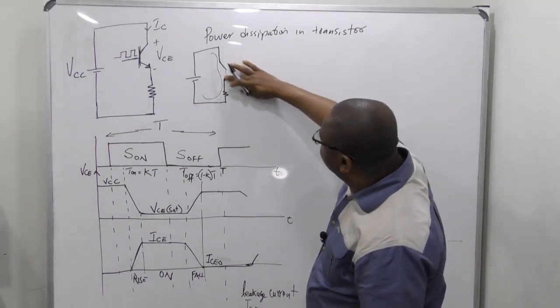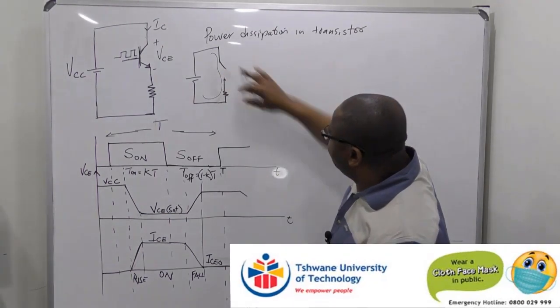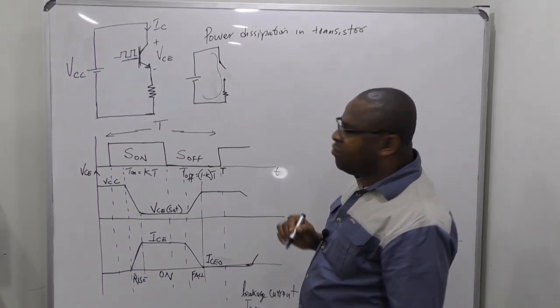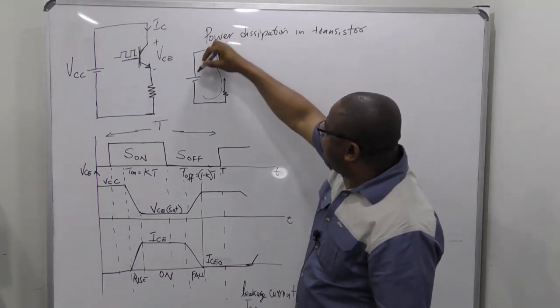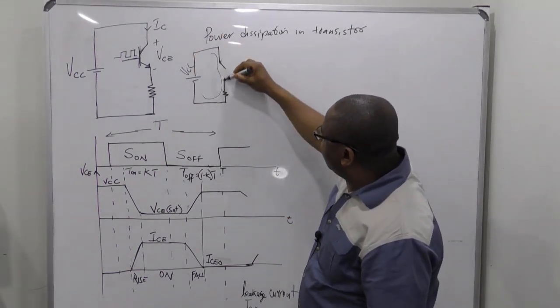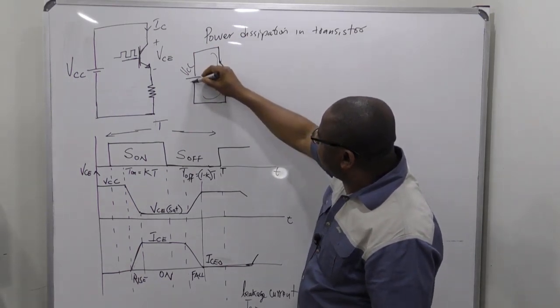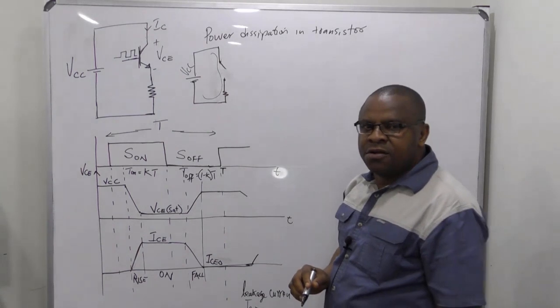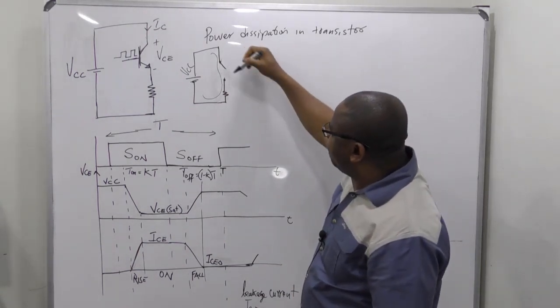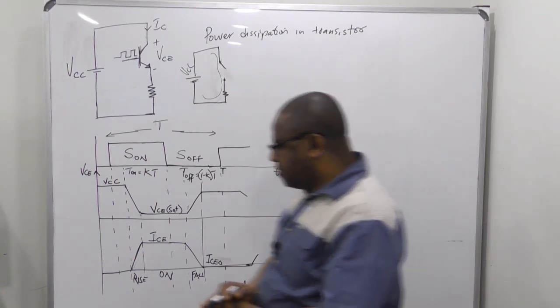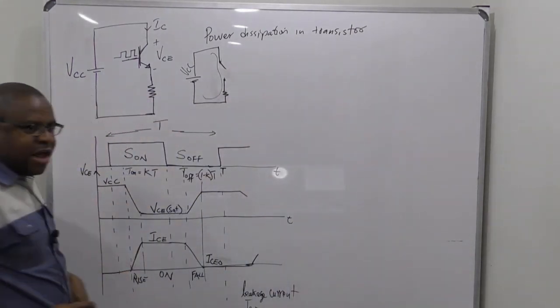But if it is off, the voltage between this point and this point will be different, because this will be at VCC and that will be at 0. So the voltage across will be VCC if the switch is off. Let's use that to analyze this.